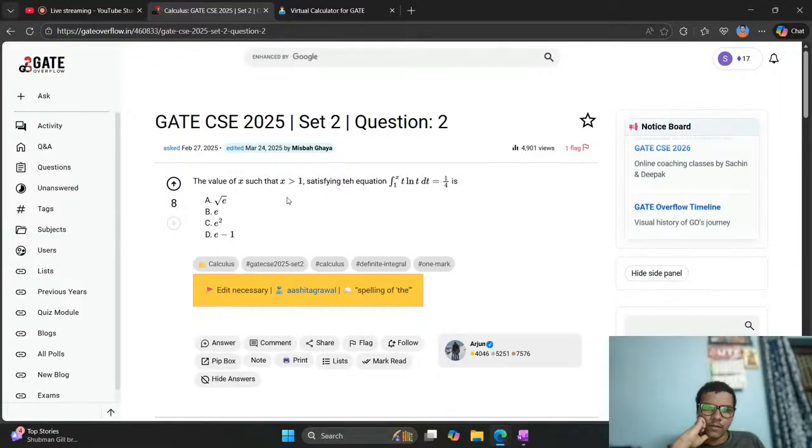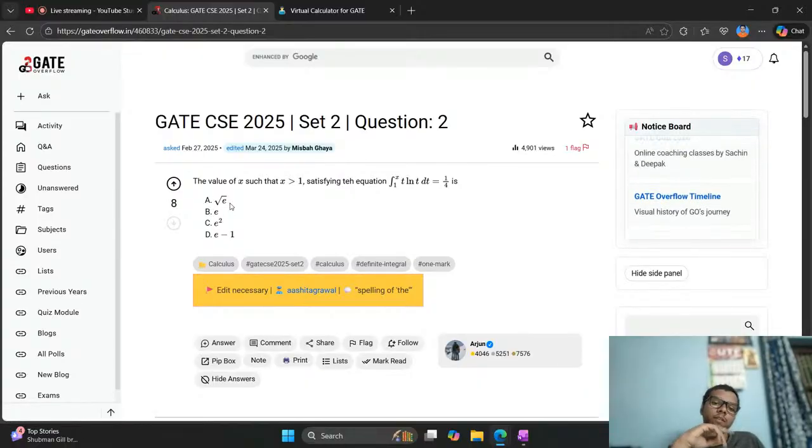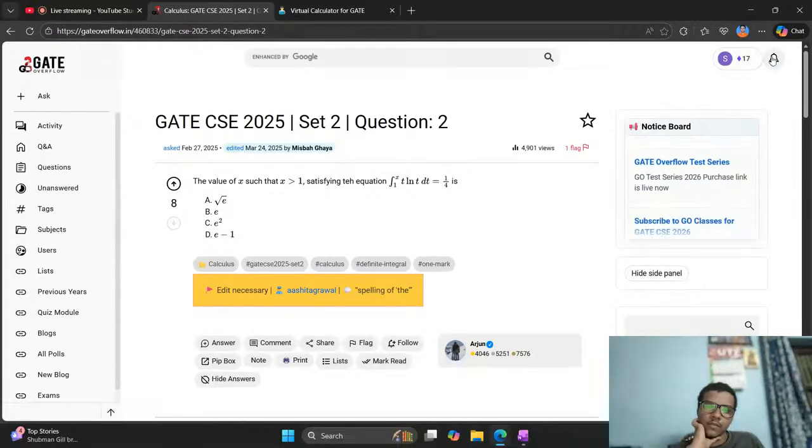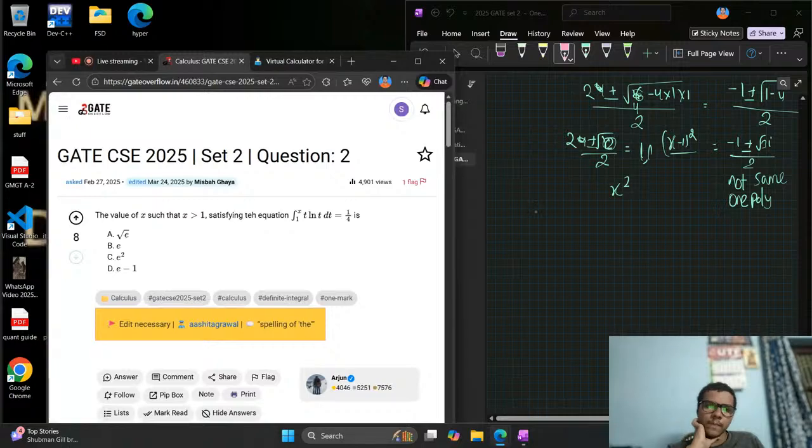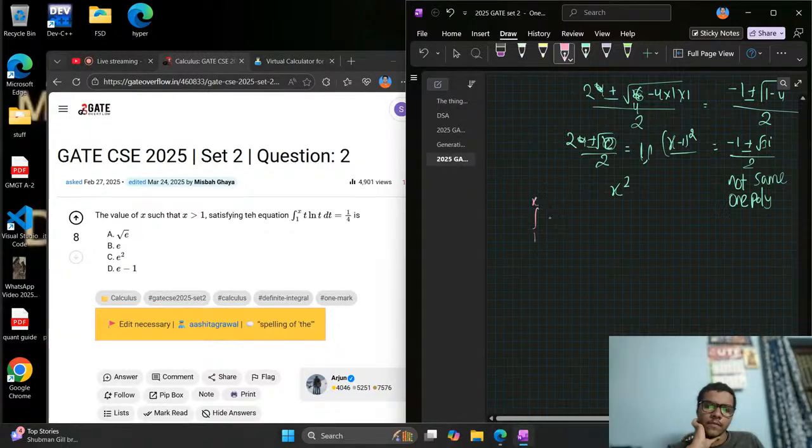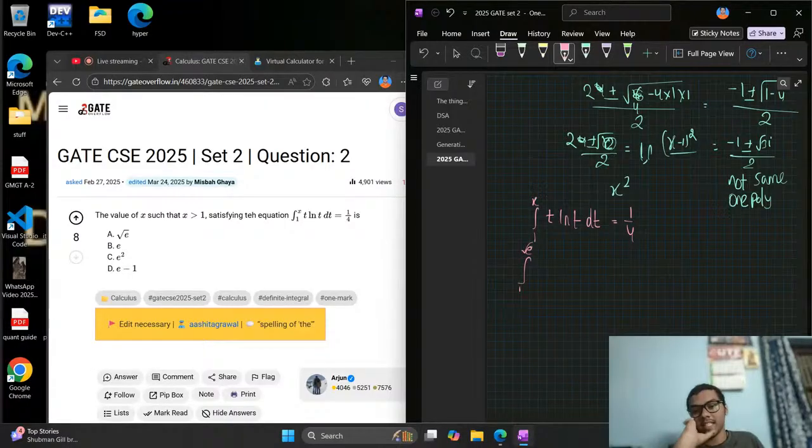I don't know. The value of x such that x greater than 1 satisfying the equation, integral from 1 to x of ln t dt is equal to 1 by 4. We don't know the integration.